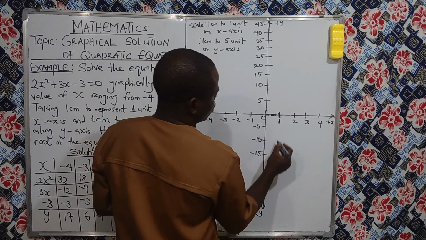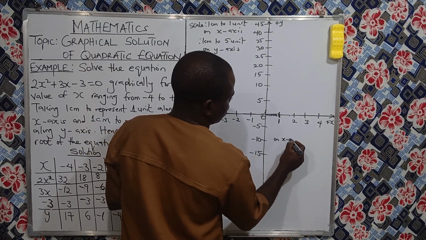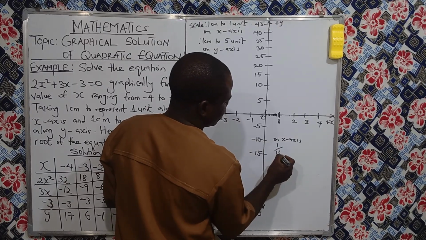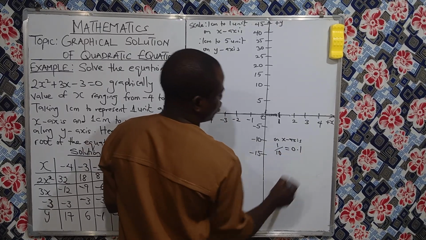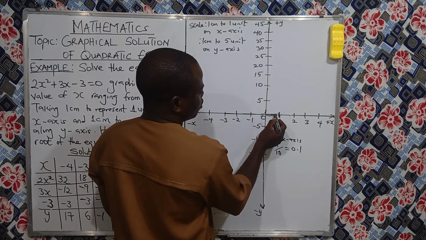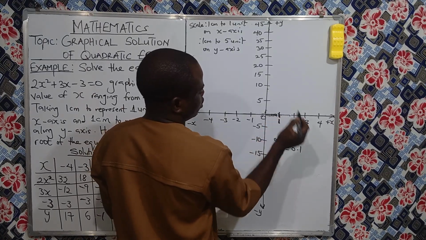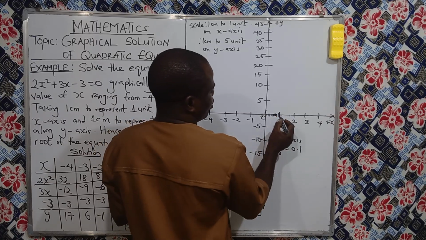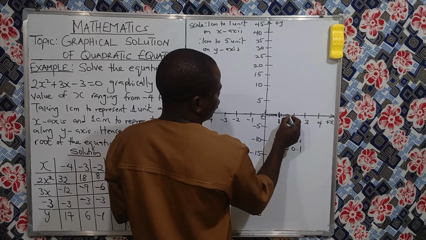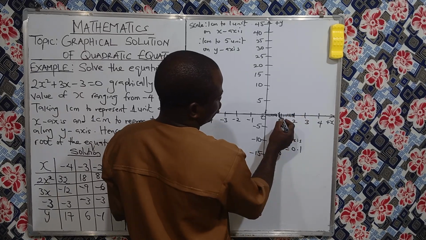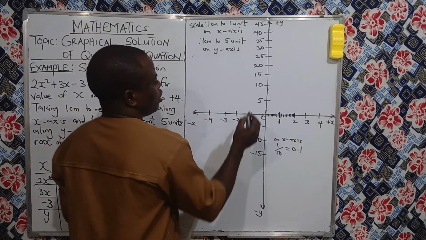Now to know on x-axis, each line will be 1 divided by 10 boxes, which is 0.1, 0.2, and so on, 0.9, then 1.1, 1.2, 1.3 like that.